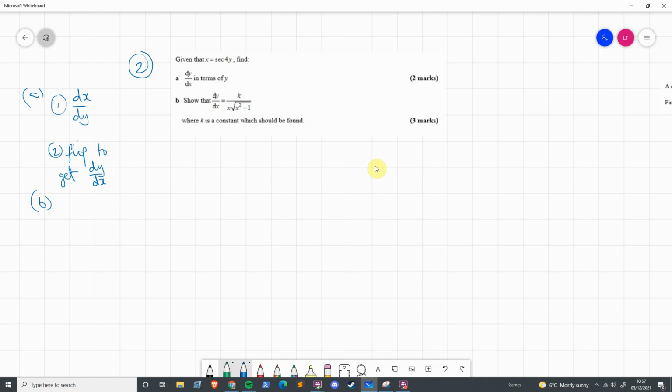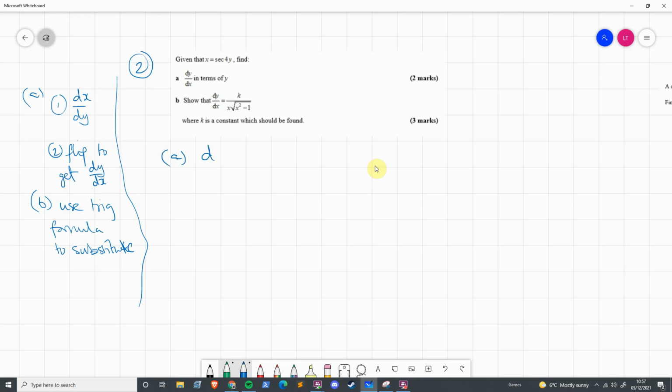Part B, this is where we're going to use a trig formula to substitute. And I'll do that obviously. We'll talk about that when we get to it.